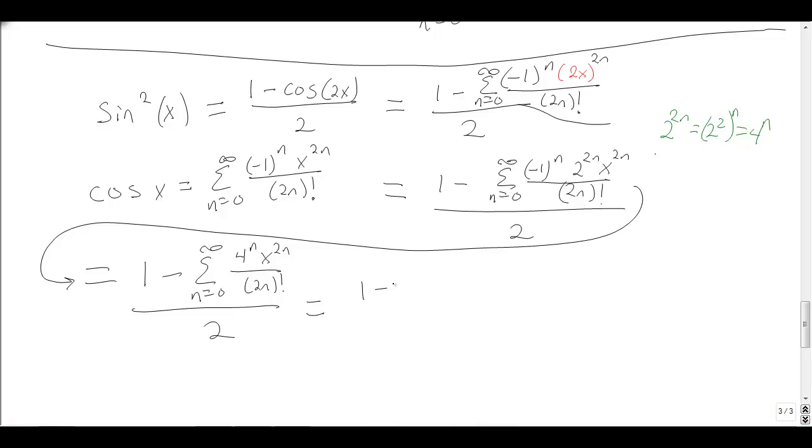So you get 1 minus 1 plus sum, and then my sum goes n equals 1 to infinity. 4 to the n, whoops, made a mistake in the previous one. I lost my negative 1 to the n. So I should have had a negative 1 to the n in my series for the cosine. So n equals 1 to infinity, negative 1 to the n, 4 to the n, x to the 2n over 2n factorial, all over 2.